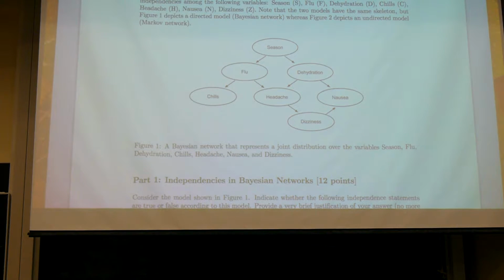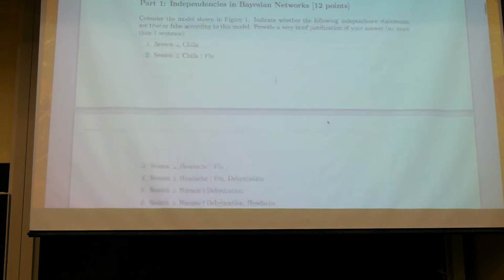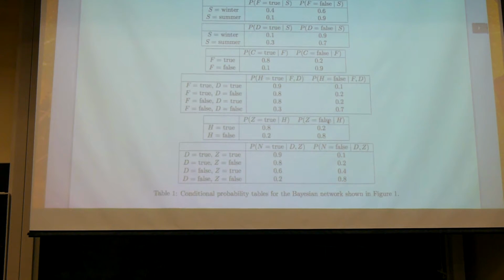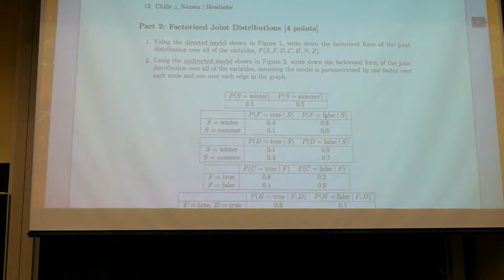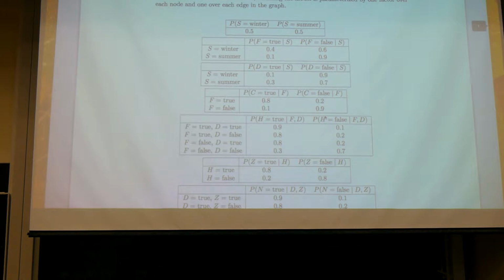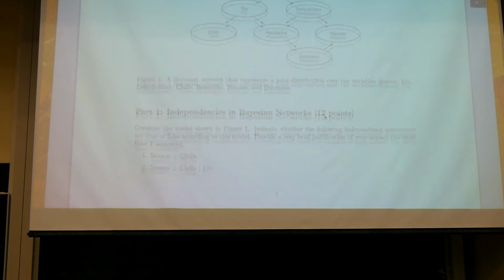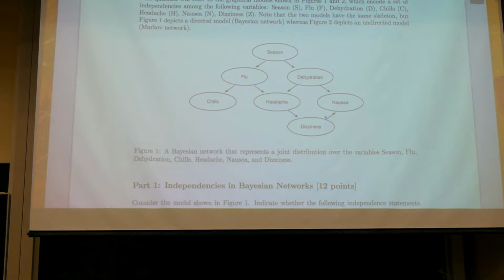Let's suppose that we also have conditional probability distributions for each of the variables, and we'll assume that the variables are all binary for now. Although, in the first thing we're going to do, which is try to understand what independencies exist among these variables, the conditional probability tables don't really matter.